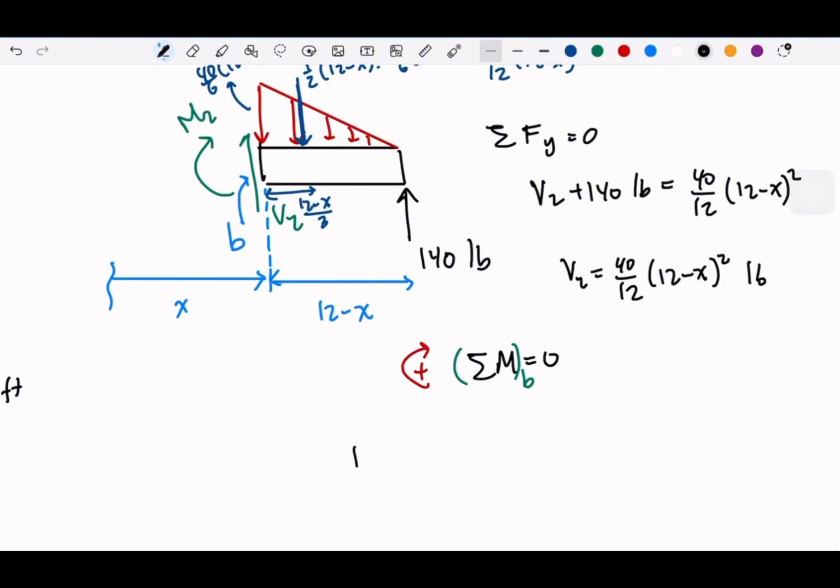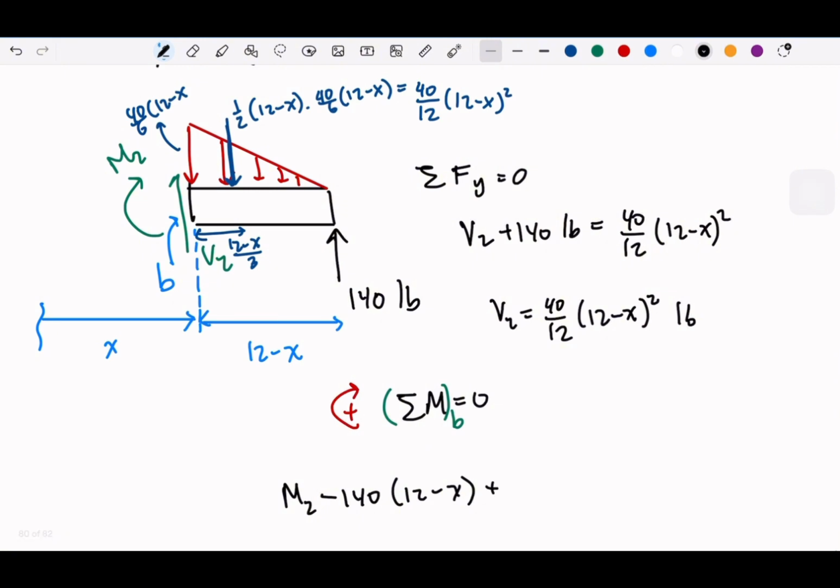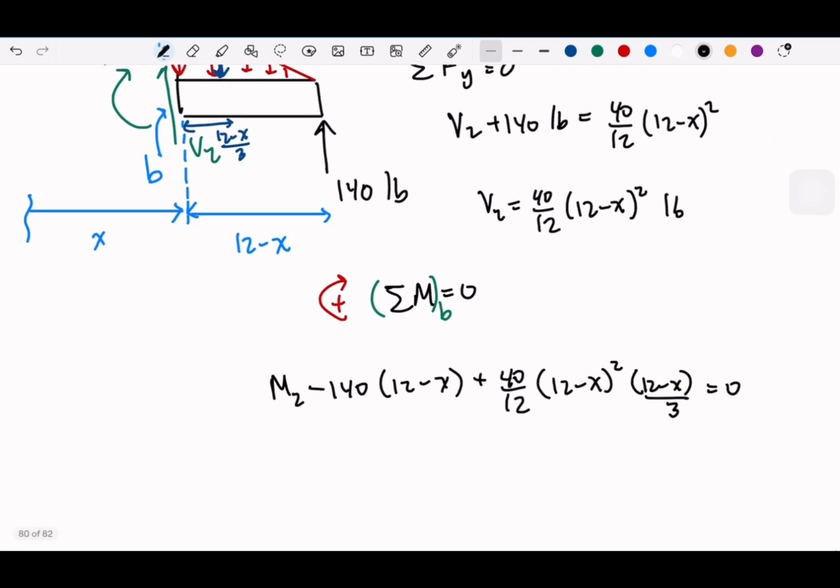So this will be M2 minus 140, 12 minus x, plus 40 over 12, 12 minus x squared, multiplied with 12 minus x over 3. So you see that we will get a cubic. So this will be M2 is 140, 12 minus x.